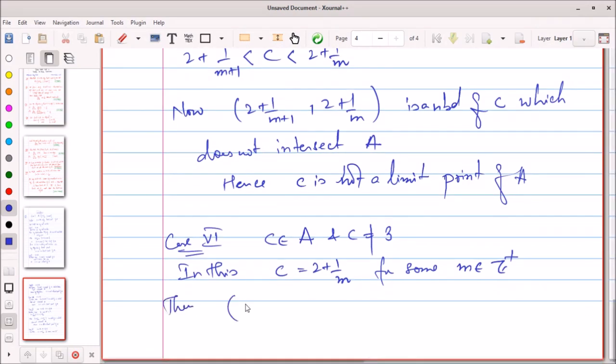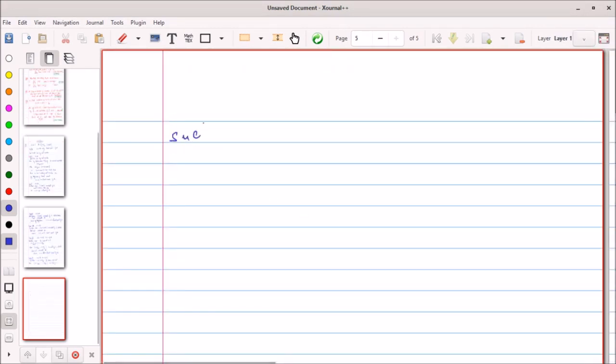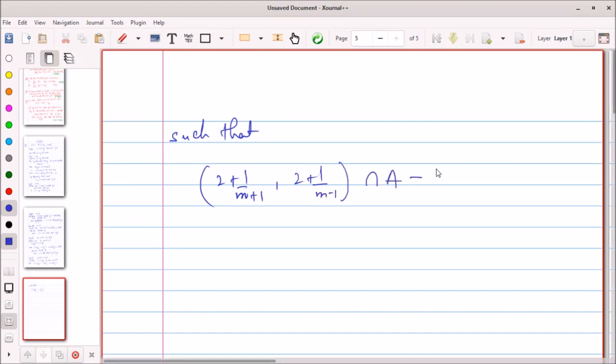Then (2 plus 1 by (m plus 1), 2 plus 1 by (m minus 1)) is a neighborhood of c such that its intersection with A minus {c} is empty. So this implies c is not a limit point of A.